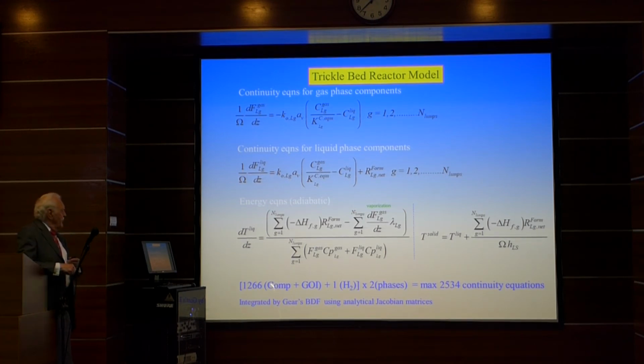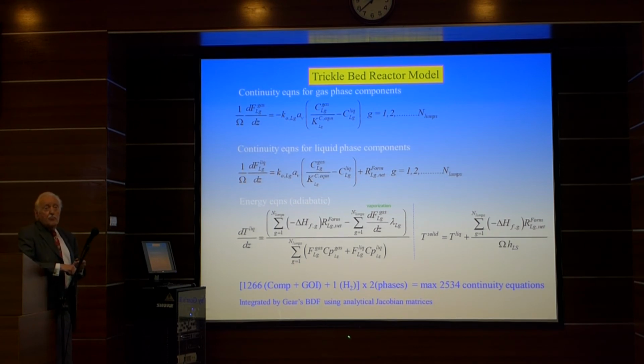You have 1,266 components here, and you have hydrogen, and you have two phases, so you have 2,534 maximum component continuity equations that you have to integrate.